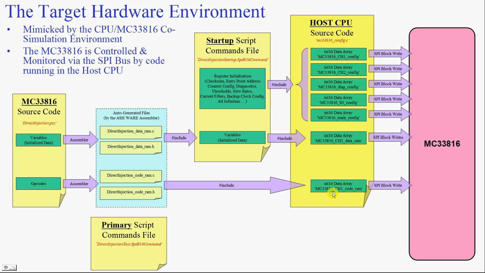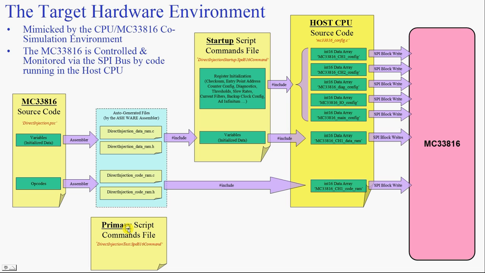The last key MC33816 file from the standalone simulation environment is the primary script commands file, which, as you will recall, does sequence writes and reads to and from the MC33816. In this demo, we are not making use of this file.